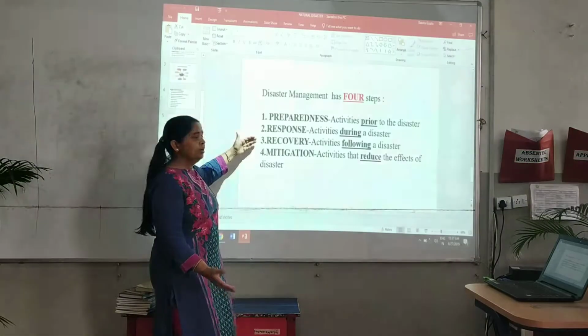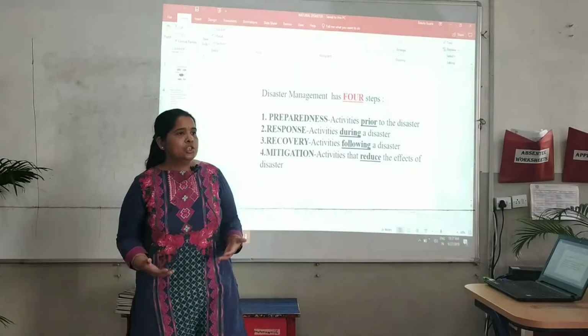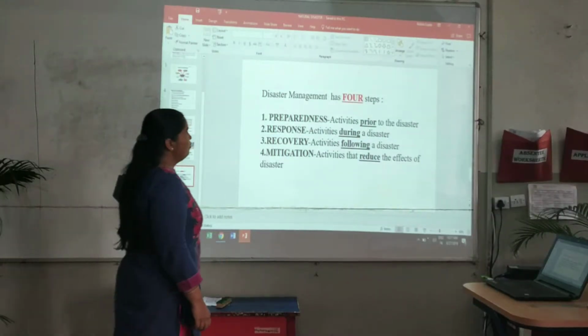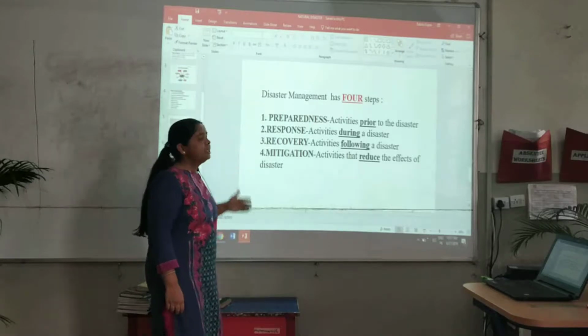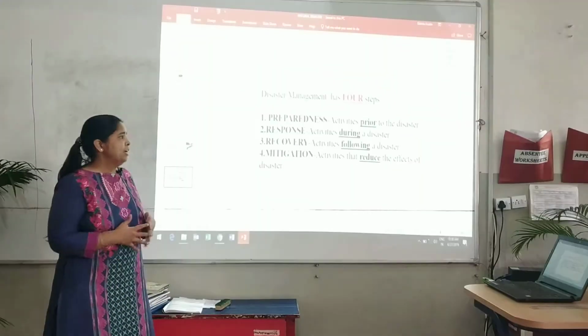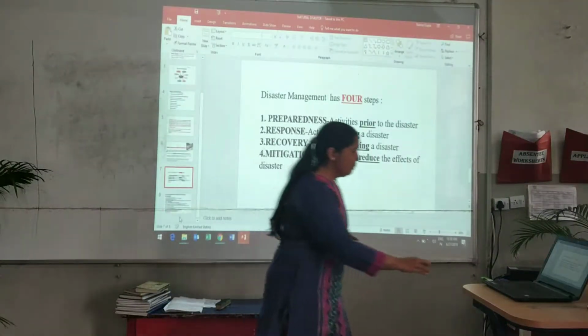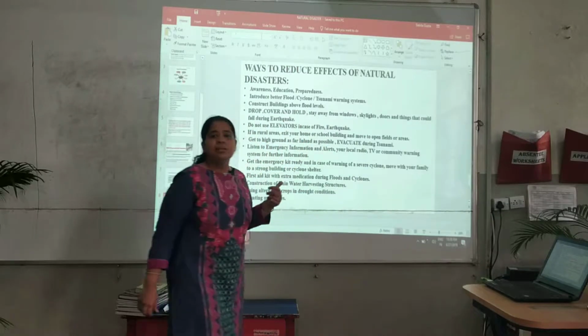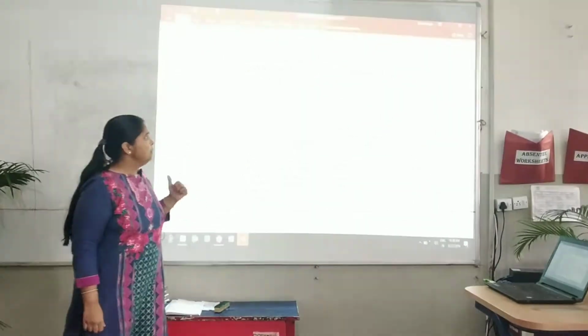Recovery: the activities the government, the NGOs, the local authorities follow afterwards lead to recovery. And mitigation, the most important activities that minimize the effects of disaster. So, disaster management has 4 steps: preparedness, response, recovery and mitigation.